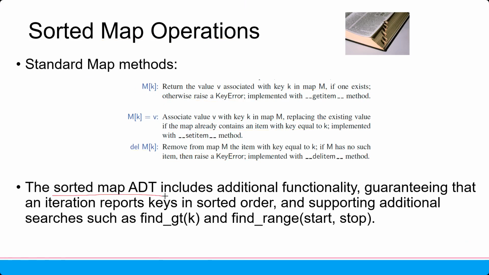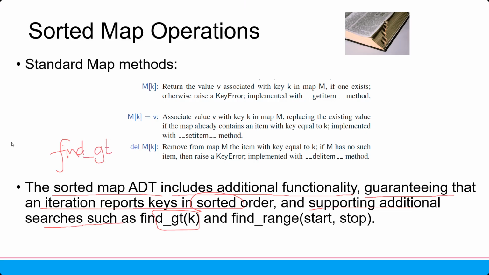The sorted map ADT includes additional functionality. It guarantees that an iteration reports keys in sorted order, so it is already sorted. And it supports additional searches such as find greater than key, find GT.